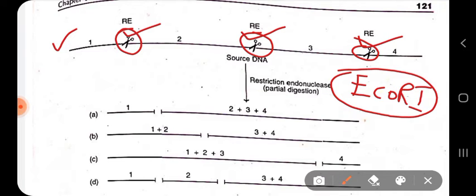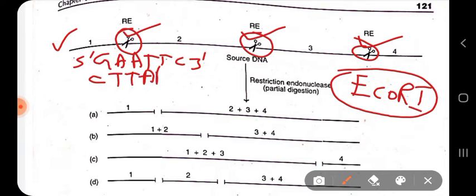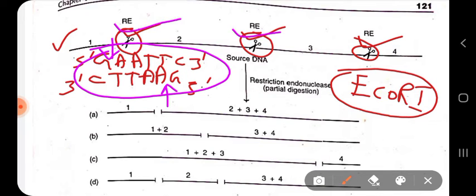That means these three regions contain the same sequence, G A A T T C, 5 prime to 3 prime, and in the opposite complementary strand it will be C T T A A G. The restriction endonuclease enzyme generally cleaves within the G and A region. So this sequence is contained in three sites, let's say.